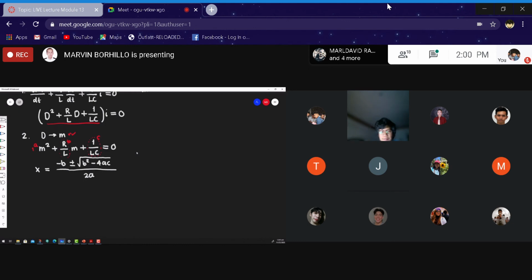So, let's use the quadratic formula. Our x is m. m is equal to, substituting all the constants, our b is R over L, so negative R over L, plus or minus the square root of b squared, R over L squared, minus 4 times a, which is 1, times c, which is 1 over LC, all over 2a. Our a is 1, so only 2 remains in the denominator.